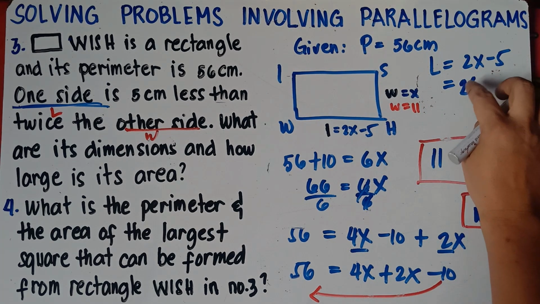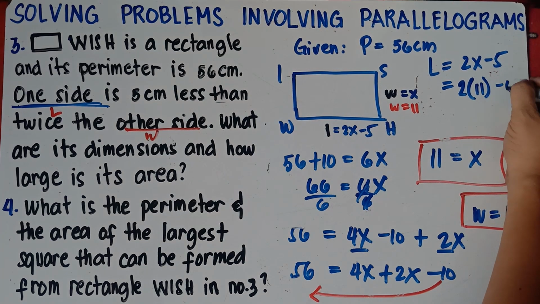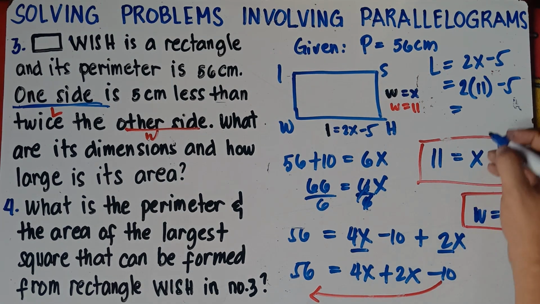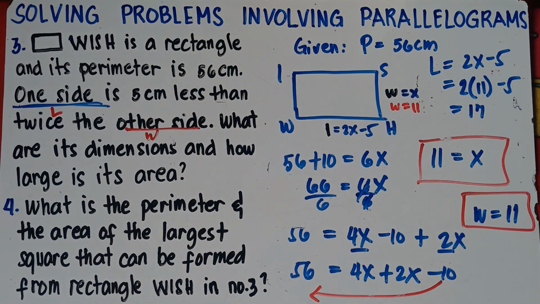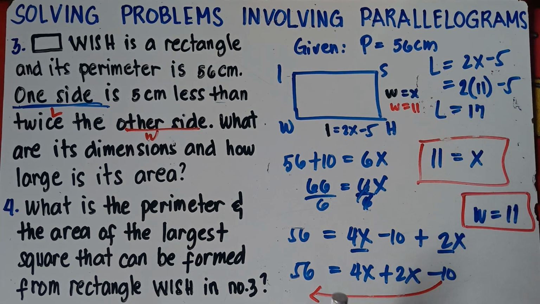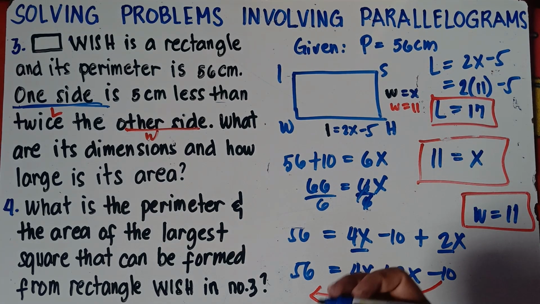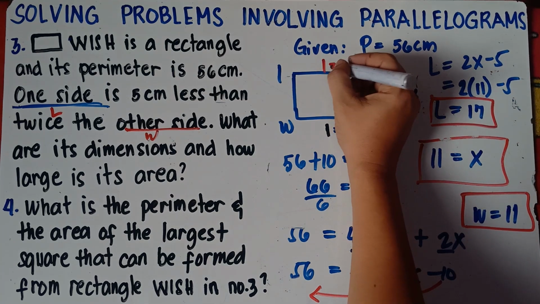And our length will be 2 times 11 minus 5. So 2 times 11 is 22, minus 5 is 17. That's the answer for our length. Length is equal to 17.